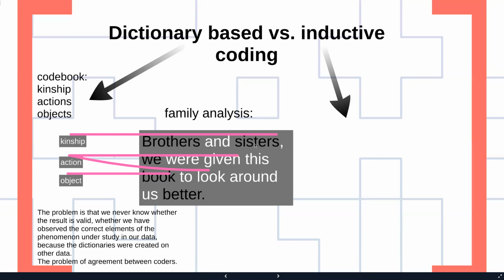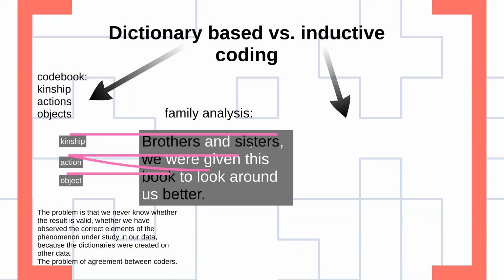For example, me, because I know that brothers and sisters are not members of one family, but a pseudo-family type of address.